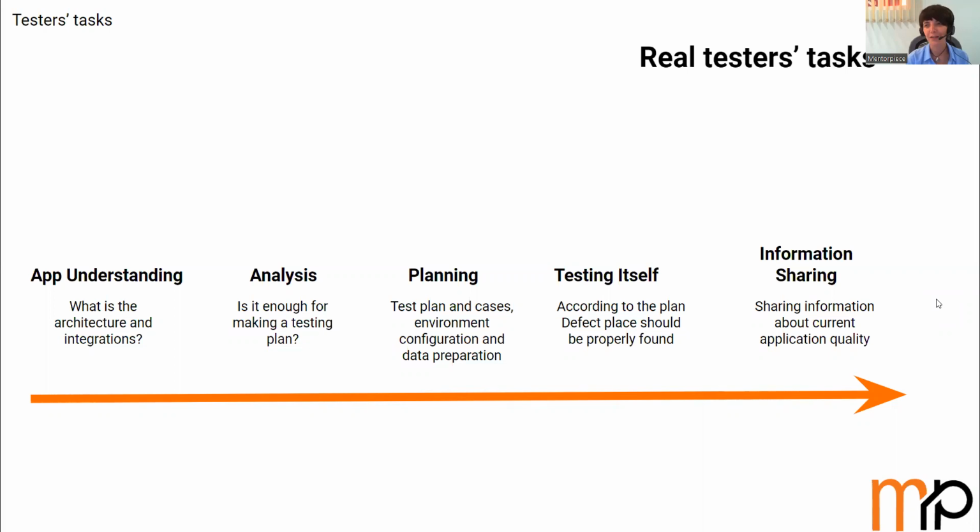And when your plan is absolutely clear, when you have clarified all the things with your stakeholders, with the people who care about the project and have the information about it, you could start testing itself according to the plan. After our main course, probably we will talk about exploratory testing. This is not according to the plan, but this is a separate branch. Don't think about it right now.